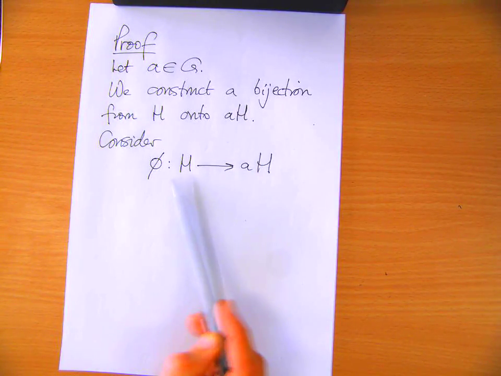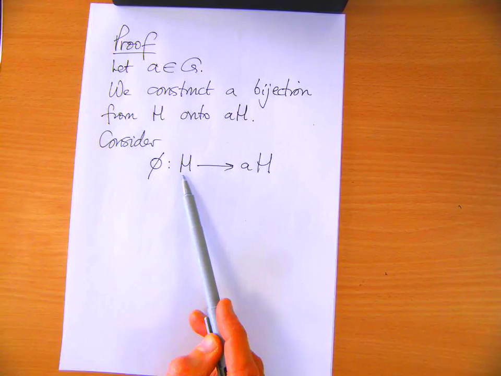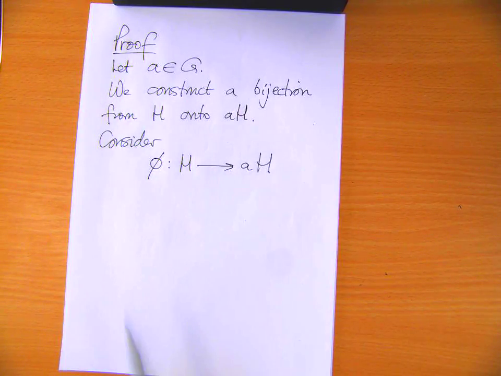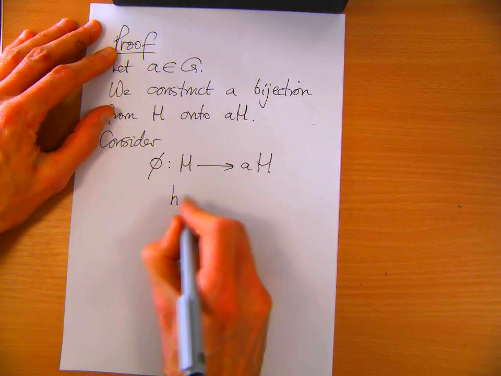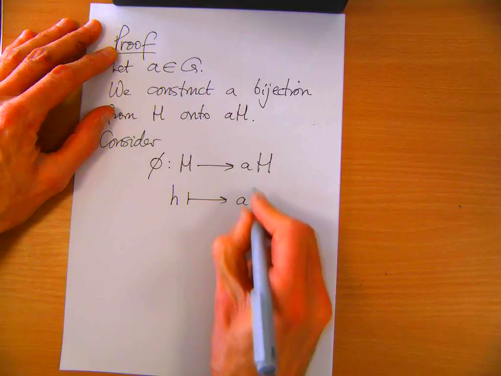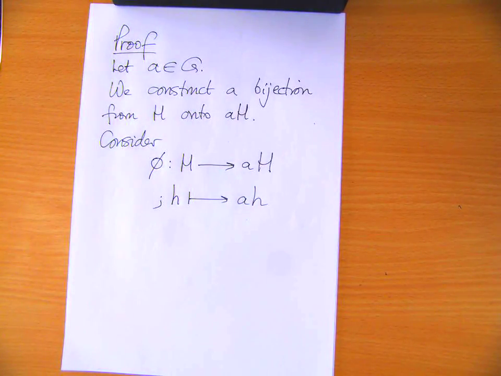So this is one subset of G, and this is another subset of G, possibly the same one, and we're looking at a function from H into AH. And there's a very obvious function to write down. It just takes little h to A times little h. Right?